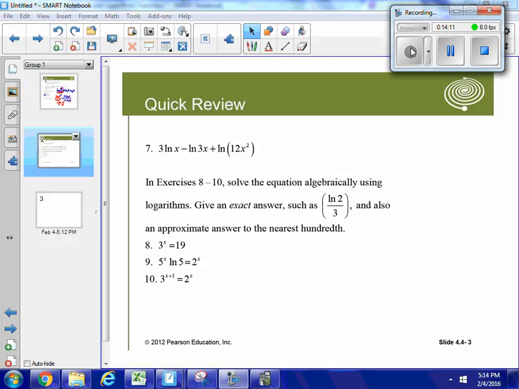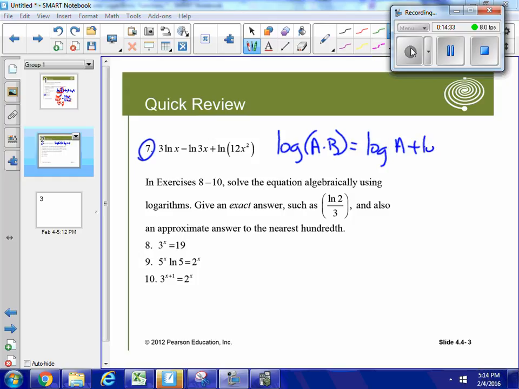This problem number 7 is going to utilize a lot of the different properties of logarithms. So in addition to the quotient property of logarithms, there's the product property of logarithms, which is log A times B is equal to log A plus log B. Right? So I'm going to use a lot of the properties.